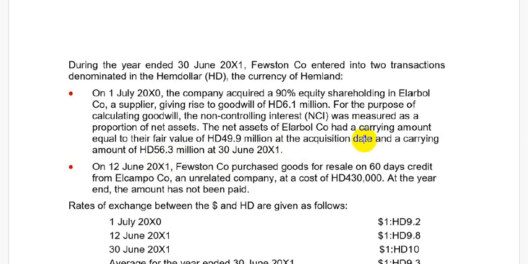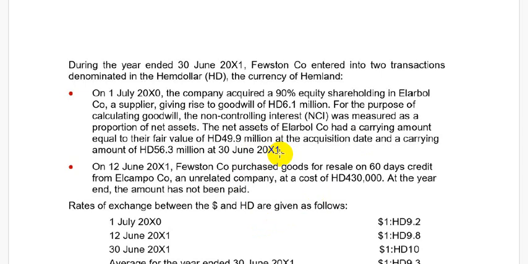This time goodwill has been calculated for you. What are they asking you here? You are given 2 dates. The date when the acquisition was done, and since we acquired 90%, we know we've got control. Then they give you the end of the year, which is 12 months later. So what are you required to do?